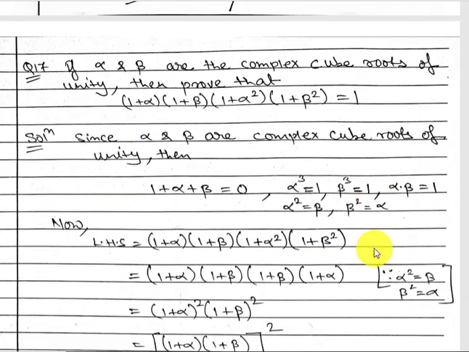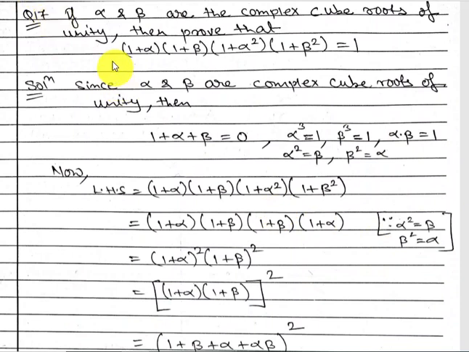Next question is question number 17. Here it is given, if alpha and beta are complex cube roots of unity, then prove that. In the previous lecture we had seen that if omega is a complex cube root of unity, then omega square will be the other complex cube root of unity.